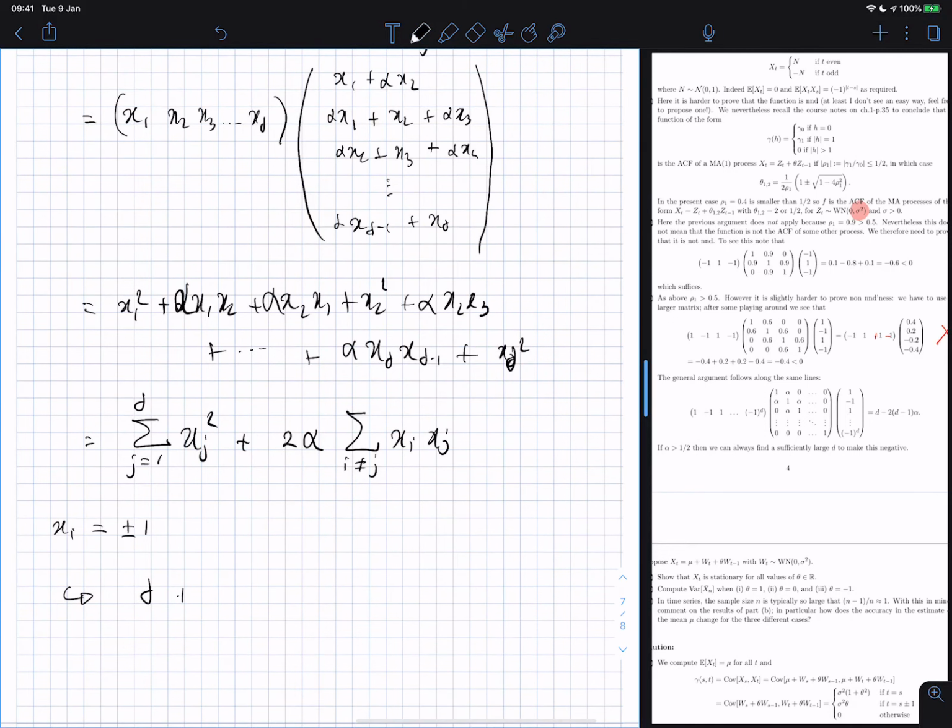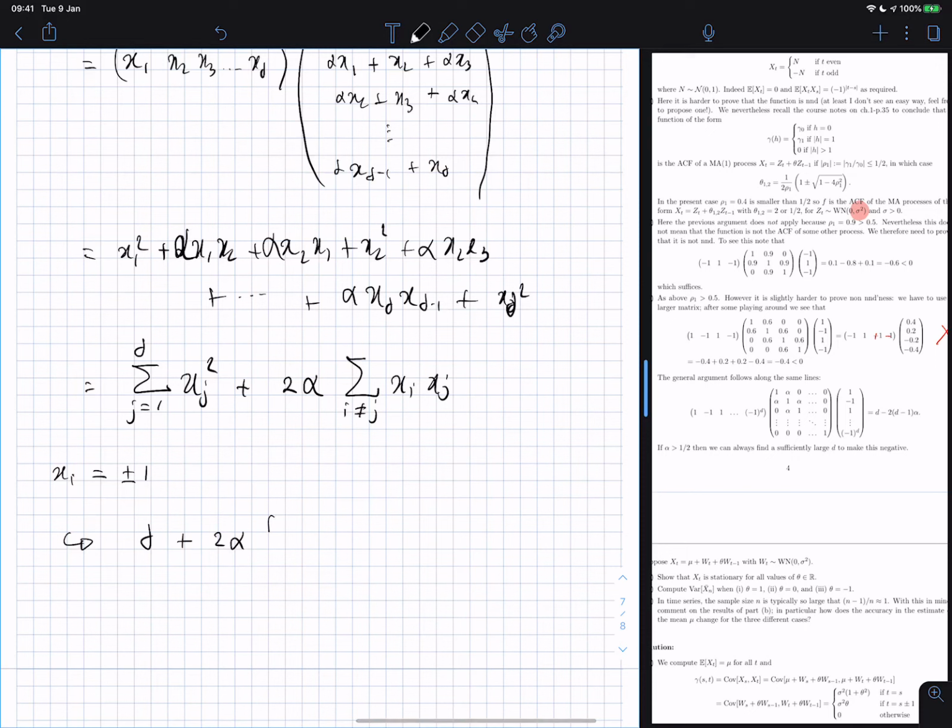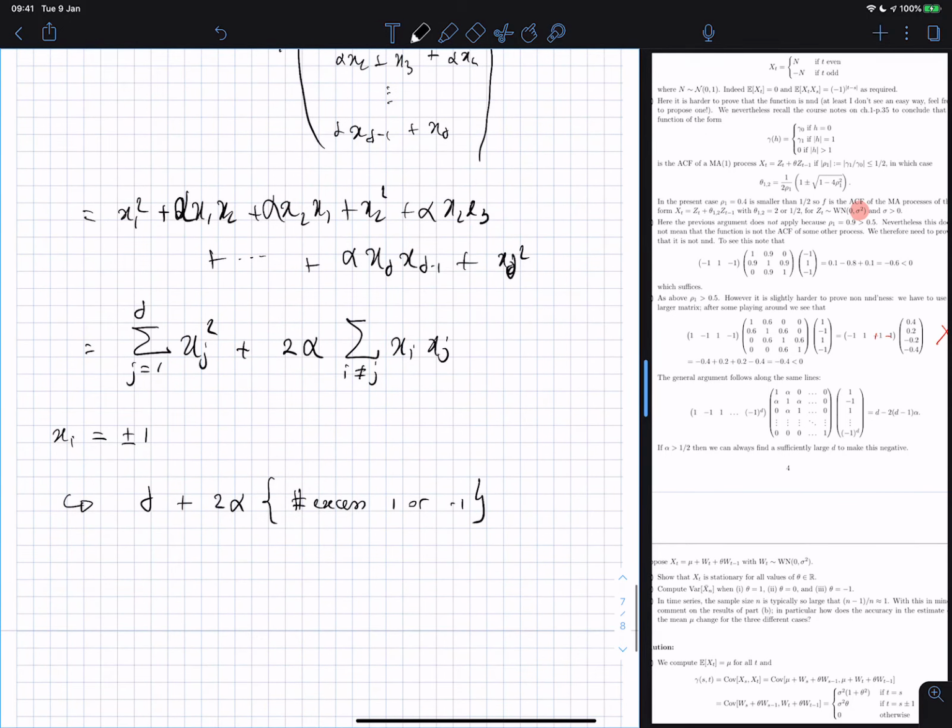And then I'm left with plus 2 alpha times 1s and minus 1s, depending on how many there are. So if I have 4 plus 1s and 4 minus 1s, I'll have 0 here. If I have 7 plus 1s and 3 minus 1s, I'll have 4, and so on. Is that okay?